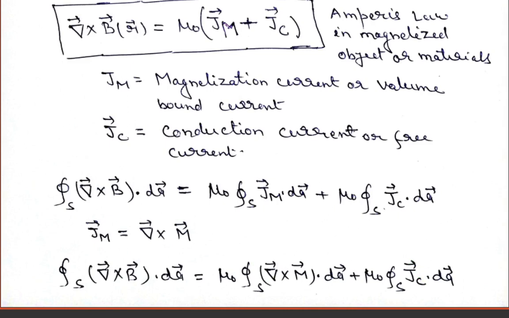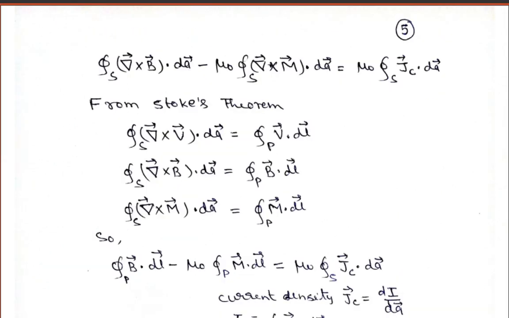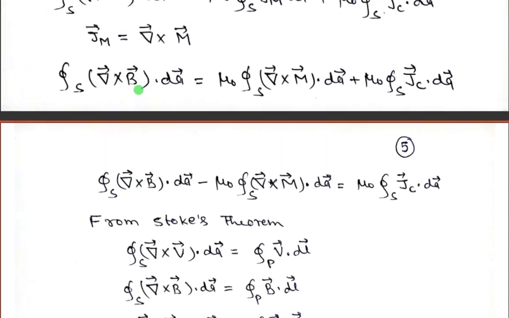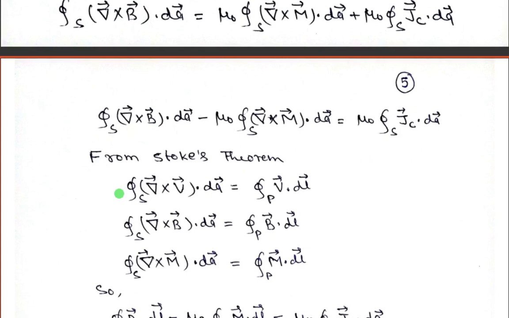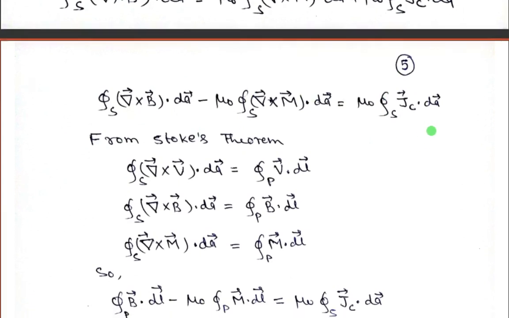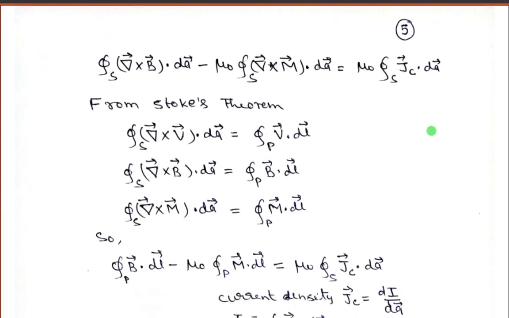Now, going to the next page, we can apply Stokes' theorem. I take this quantity to the other side, so we have the surface integral of curl of B dot dA minus mu 0 surface integral del cross M dot dA equal to mu 0 surface integral JC dot dA. From Stokes' theorem, we can write this surface integral as a line integral.